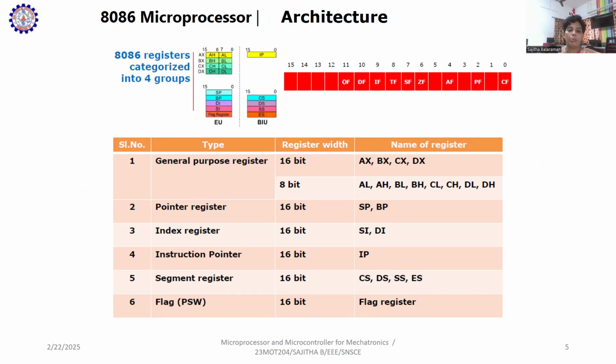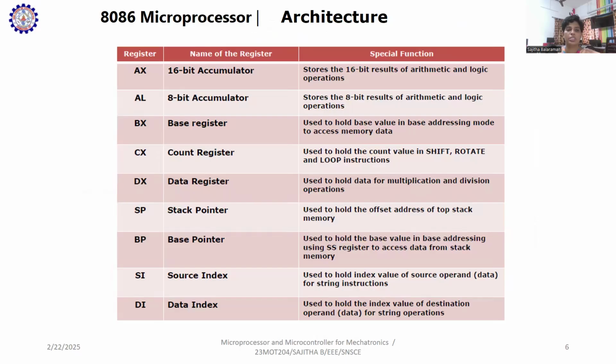SP and BP are 16-bit registers, which are the pointer registers. SI and DI are again 16-bit registers, which are called the index registers. IP is the instruction pointer, which is 16-bit. CS, DS, ES, and SS are segment registers, which are again 16-bit registers. And the flag register is also a 16-bit register.